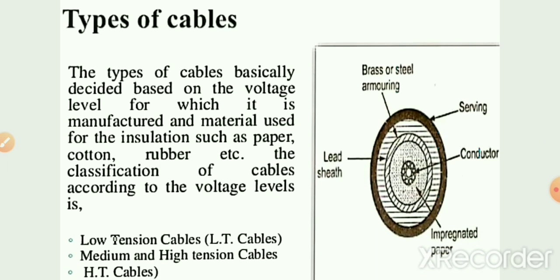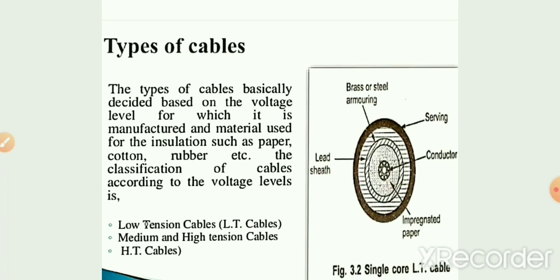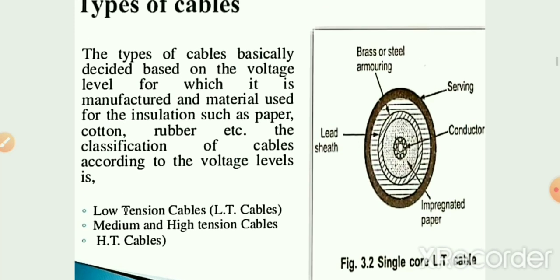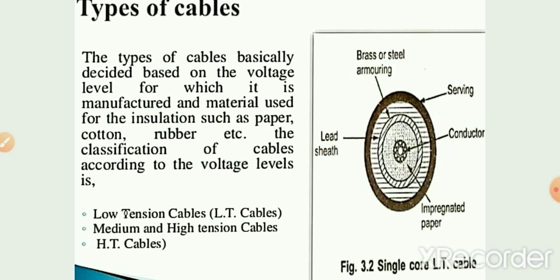Types of cable. The power cable is divided based on the voltage level into high voltage cable and low voltage cable, according to the voltage level for which it is manufactured.